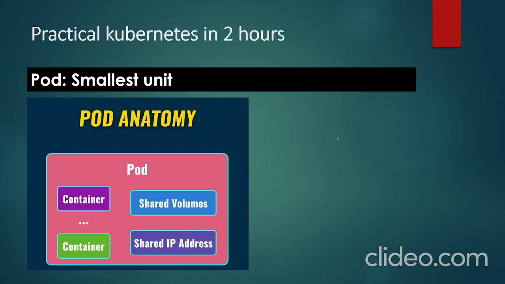If we draw an analogy from Docker, as you might understand, the container is the smallest atomic unit, and in Kubernetes the pod is the smallest atomic unit, right? In the pod you can have a single container or multiple containers. You can also have shared volumes or shared IP addresses.